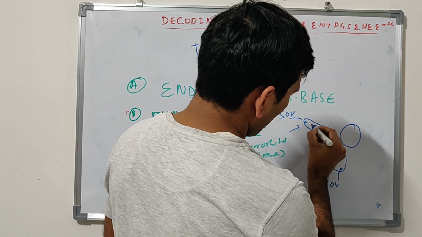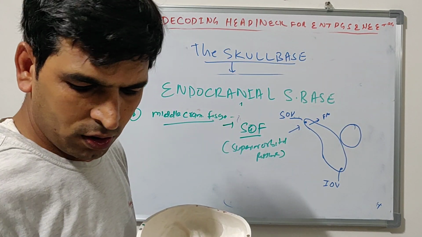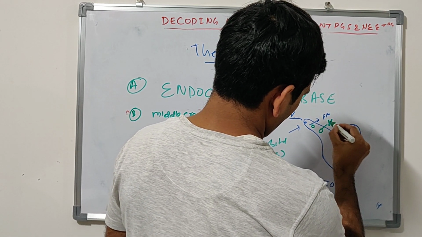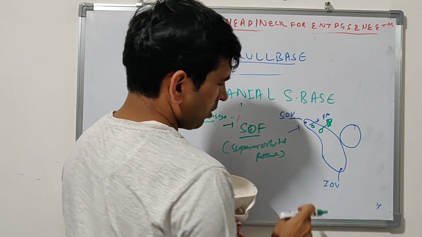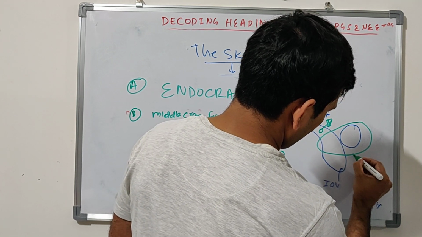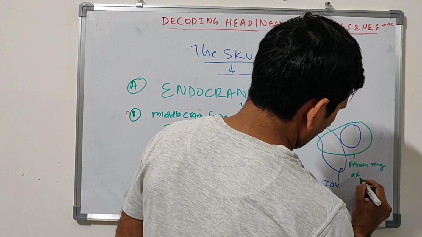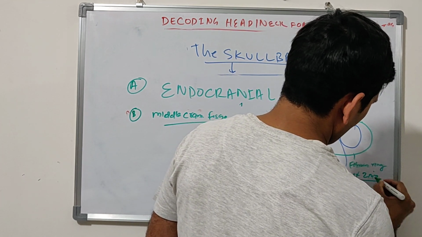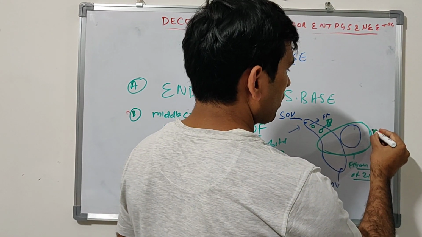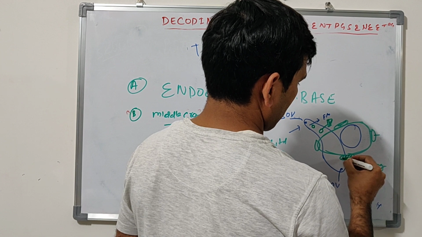In between you see the frontal nerve, and the trochlear nerve, the fourth nerve, anterosuperiorly. This is the annular ligament, the fibrous ring of Zinn, the annulus of Zinn. It originates four muscles: lateral rectus, medial rectus, superior rectus and inferior rectus.